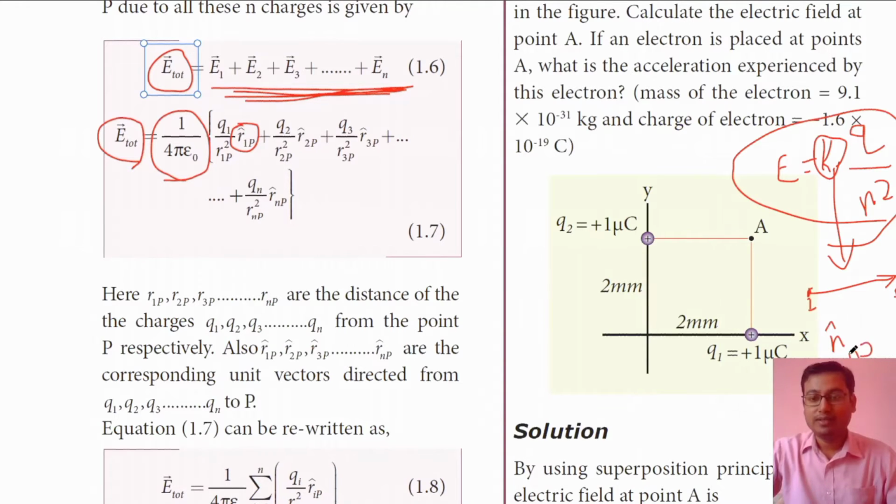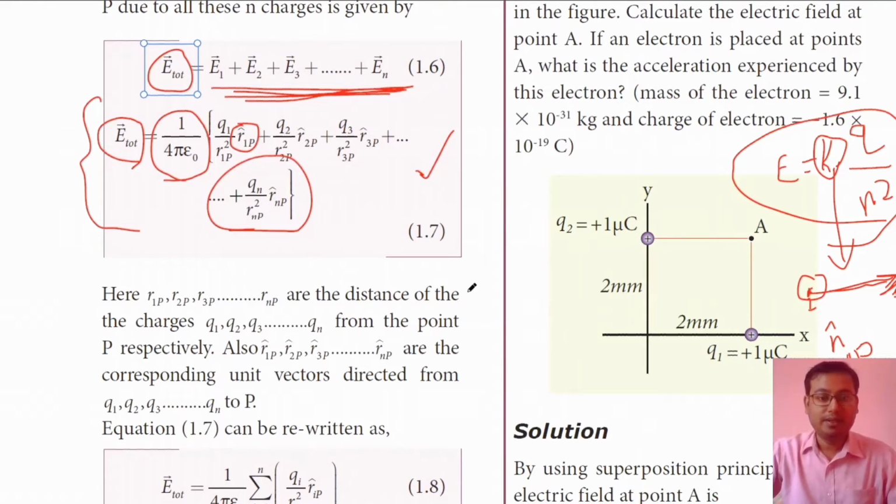R cap 1p means a vector starting from point 1 and going towards point P, or you can say a vector whose tail lies at 1 and whose head lies at point P. So coming back to our equation, plus q2 by R square 2p into R cap 2p plus q3 by R square 3p into R cap 3p up to qn by R square np into R cap np. So this is the total electric field because of a system of n charges at a particular point P.